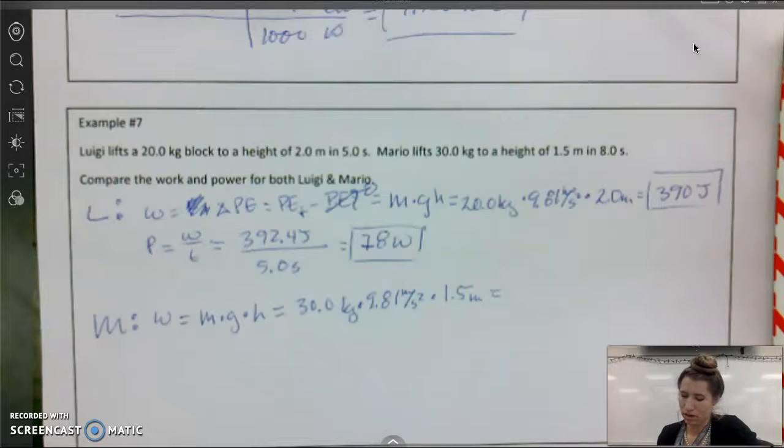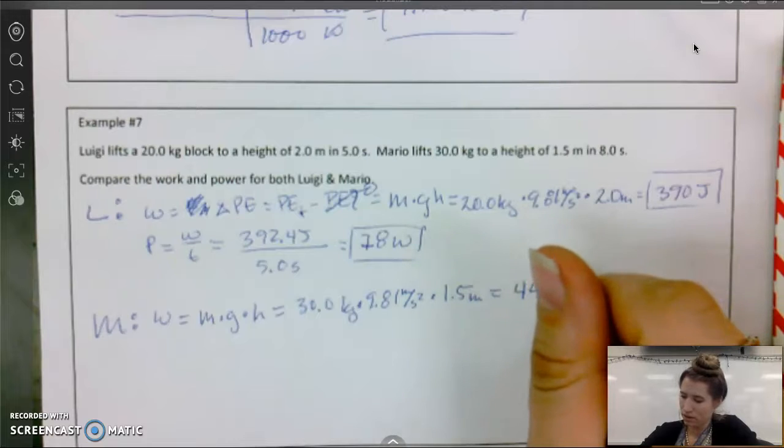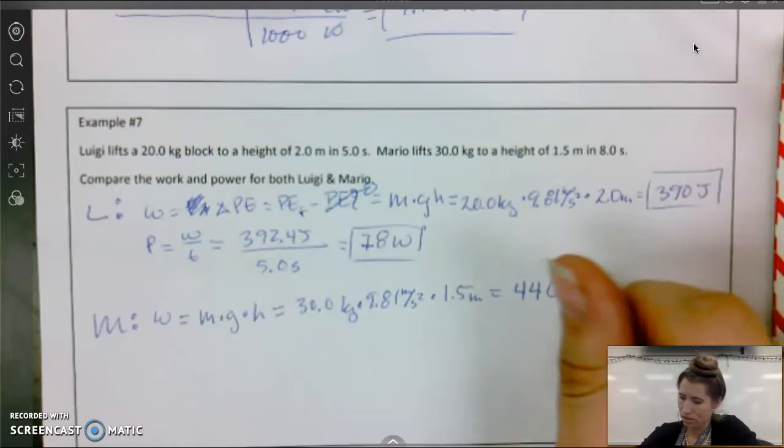So 30 times 9.81 times that height. I'm going to round for sig figs, and then I'll use my extended on the next one.